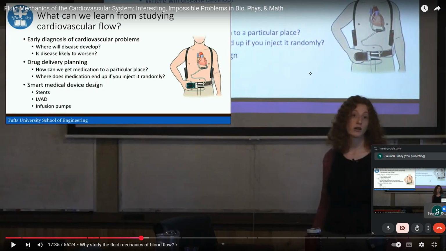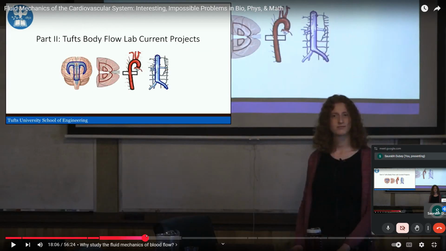Then drug delivery planning: how to deliver medication to the disease at the particular place, and where the medication ends up if you inject it randomly, so that a close prediction can be made. Smart devices such as stents, LVADs, and infusion pumps can also have their design and improvements supported if the knowledge of fluid mechanics is in place, right?